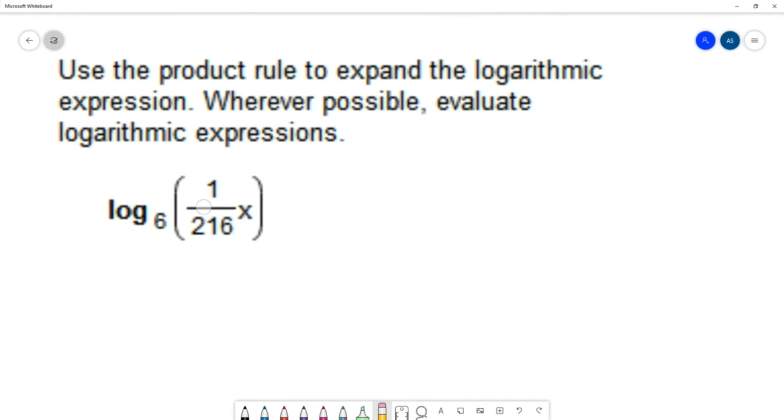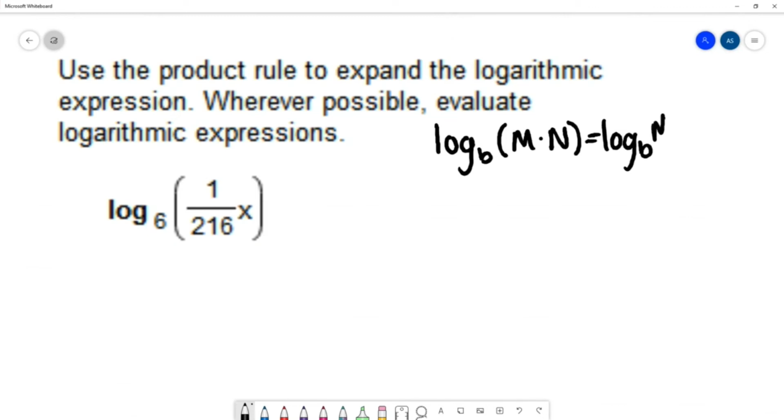Before we start working on this, let's write down what the product rule is. The product rule for logarithms looks like this: log base b of m times n equals log base b of m plus log base b of n.